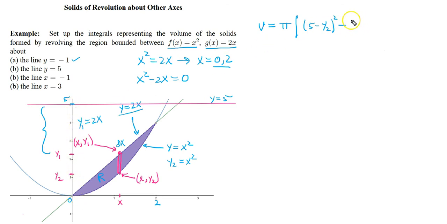So 5 minus y1 squared, dx, and x varies from 0 to 2. And now we just need to rewrite y1 and y2 in terms of x, and we'll have our answer. Well, x comma y2, once again, lies on the curve y equals x squared, so y2 equals x squared.